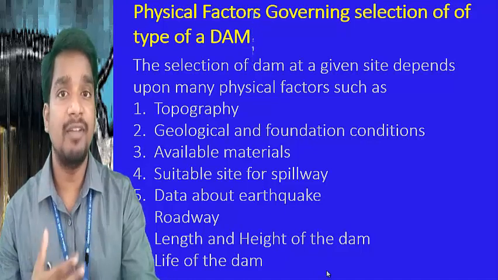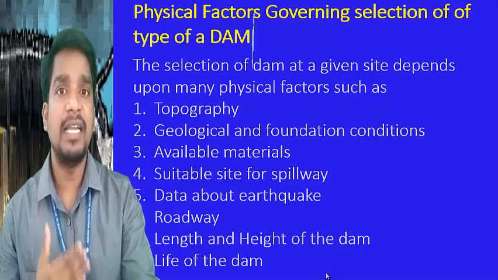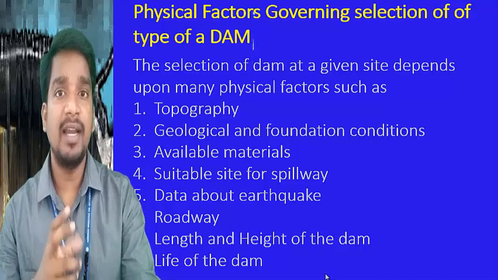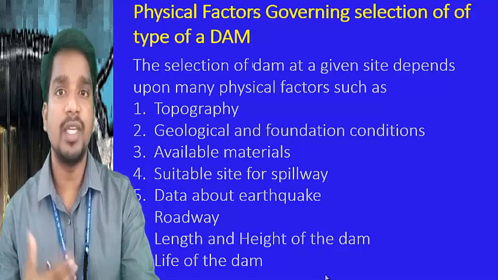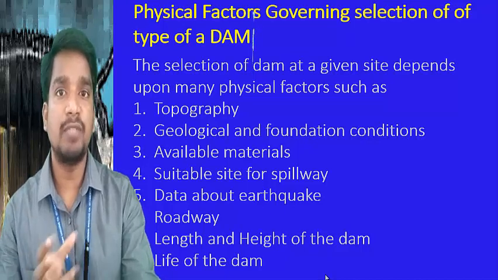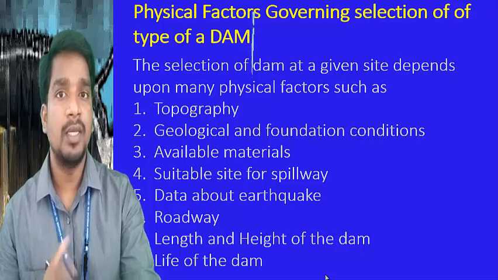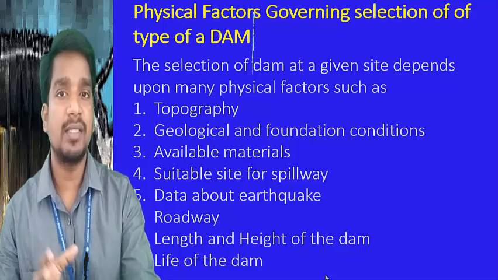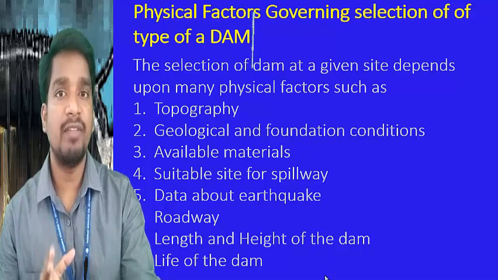The material requirement will be very, very high, and then the cost of the project will also simultaneously increase. So length and height of the dams also play an important role, because from the economic point of view also we need to think. So depending on these factors also, you need to select the type of the dam, depending on availability of materials and how much quantity of material is required for the construction of the dam. That is also very, very essential.